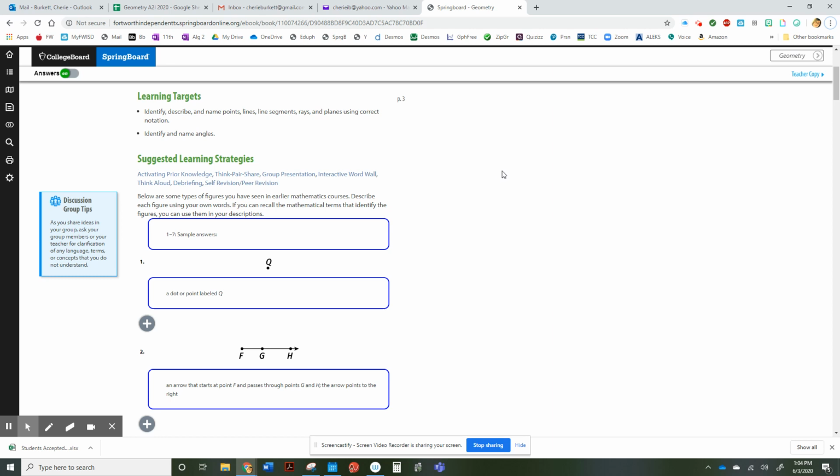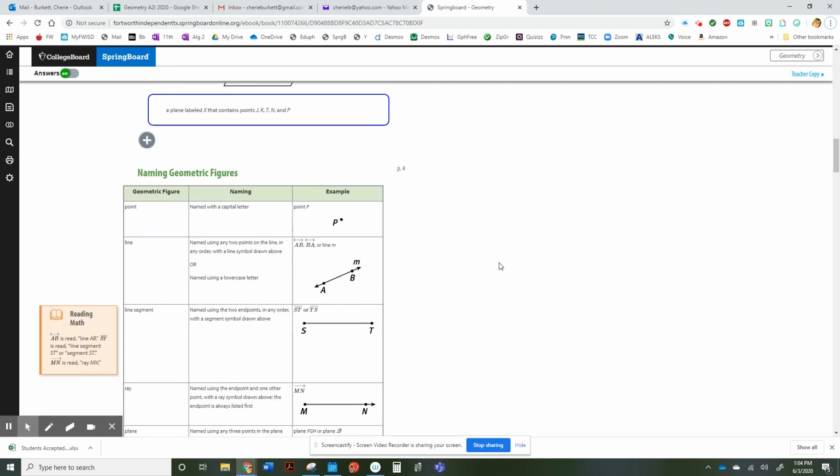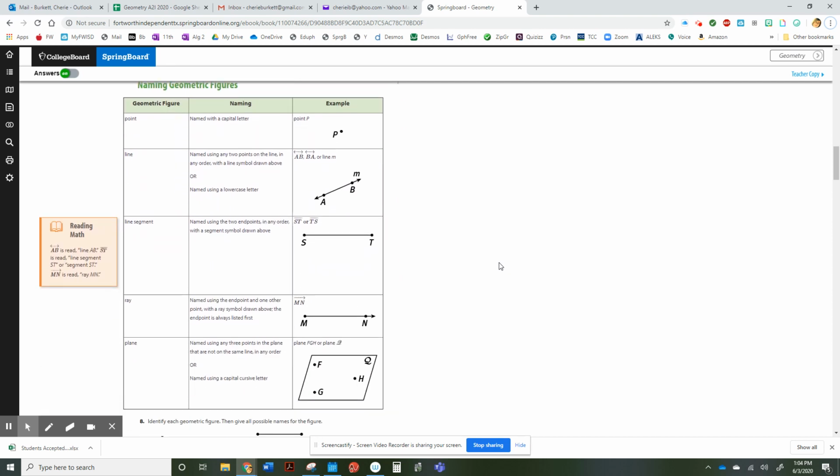So let's get down to this part of your notes right here, because this is where they provide you with the name of the geometric figure. They talk to you about how to name it, and then they give you an example.